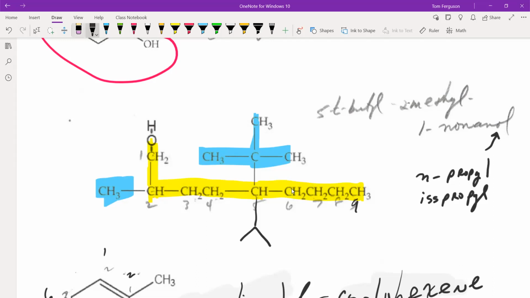That's supposed to be an O. So think of the isopropyl like a snake's tongue. If it was just N-propyl, that stands for normal propyl, it would just look like this.